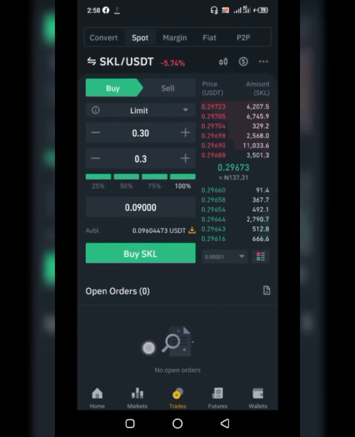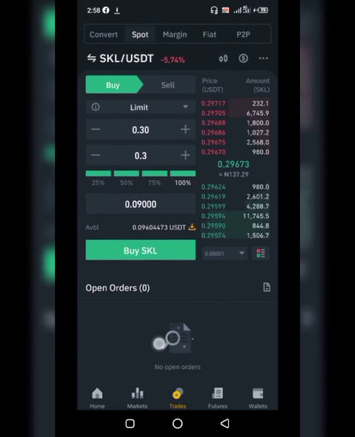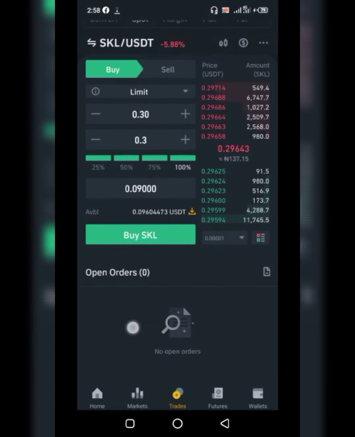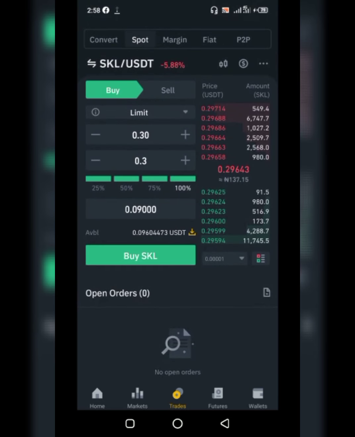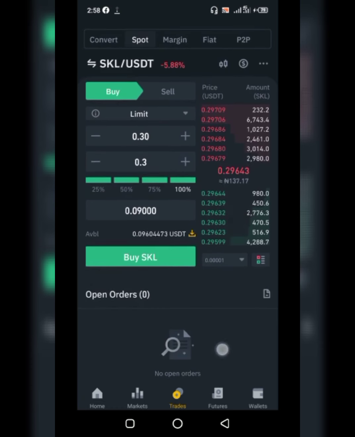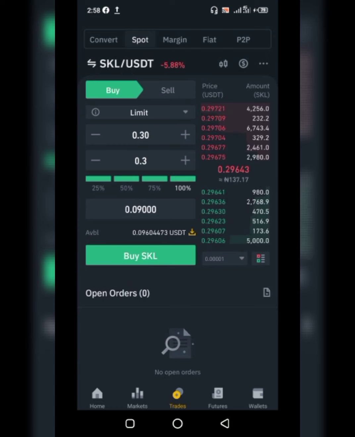It will be here waiting for the coin to reduce to that set limit. And if you are fortunate, the limit might even be the current market price. Then once you set it, it may not even show here and it will trigger the trade immediately. Trigger simply means it buys the coin for you.